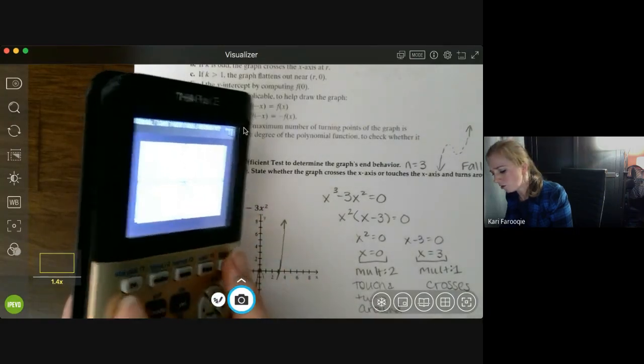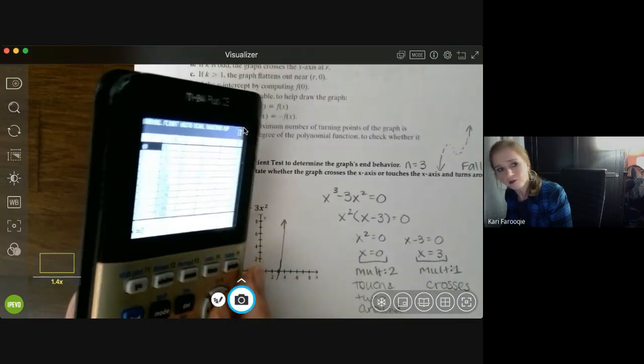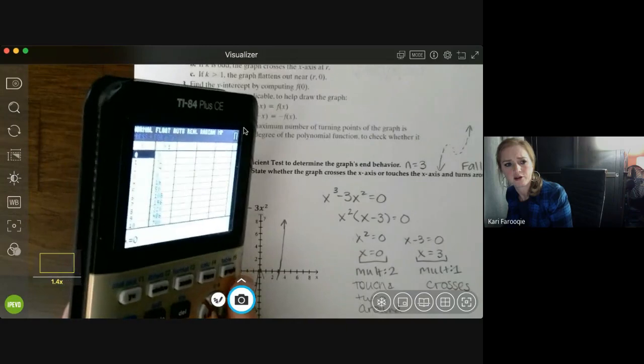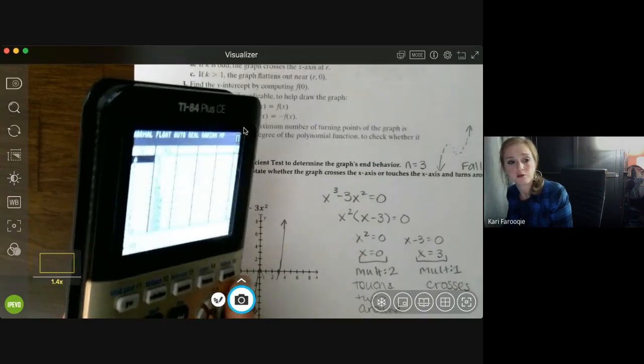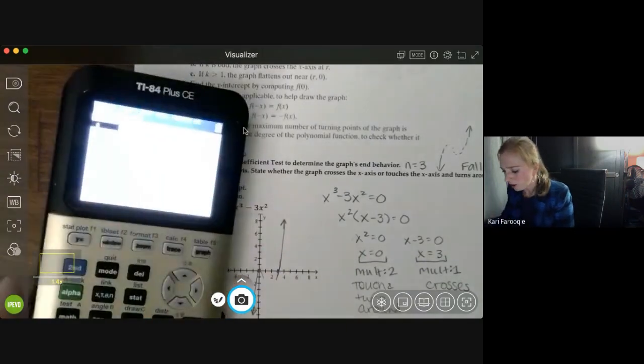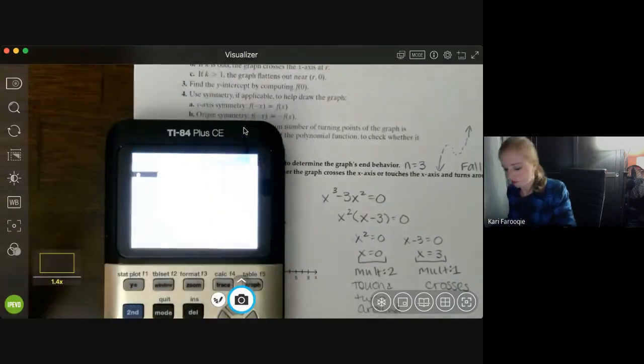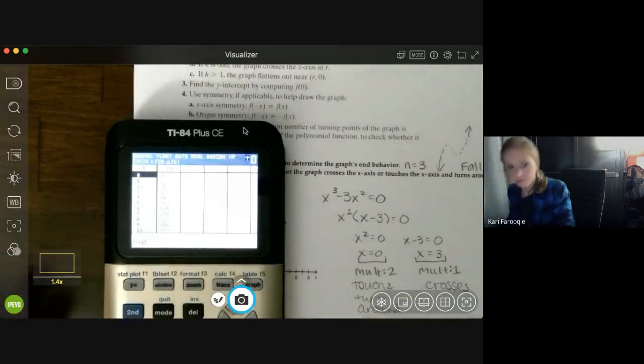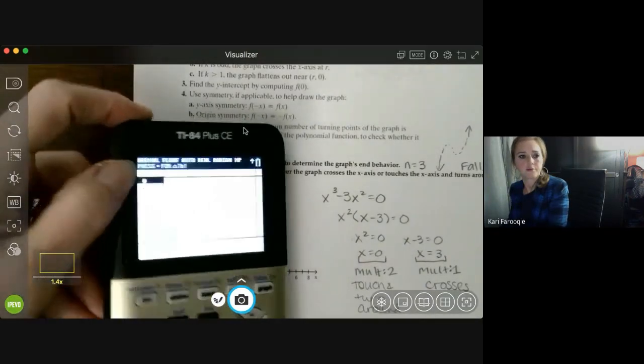But go to your table and you can start to look at what some of these values are. Hopefully you guys have your calculators on you. If you don't, you can always compute these values. But my table, sorry, this is just nuts that I'm trying to show you this like this. I can lower the color a little bit.